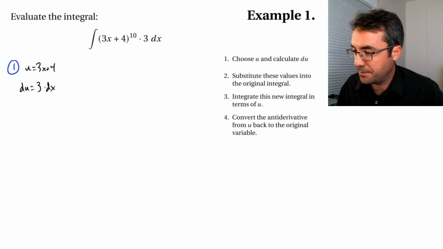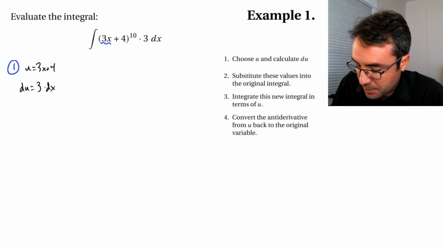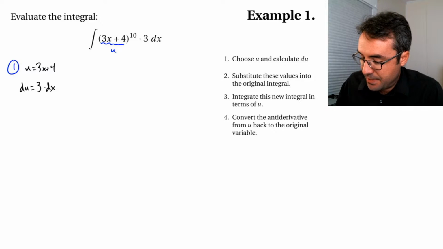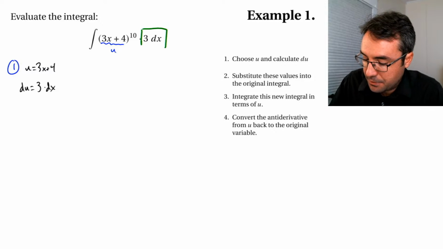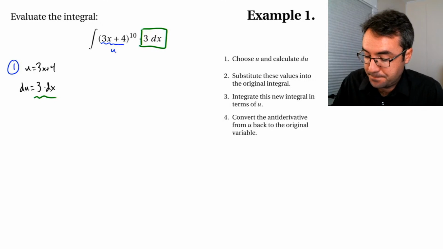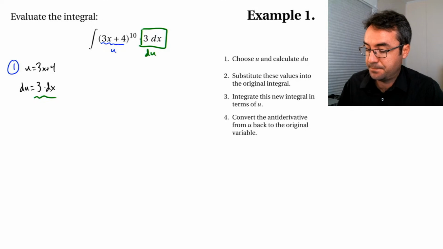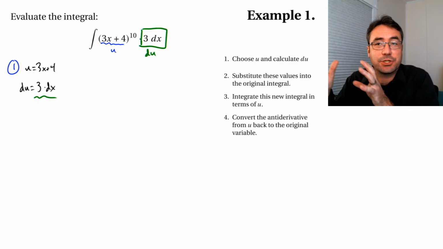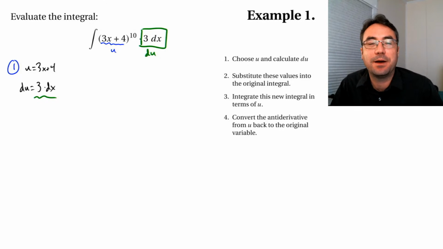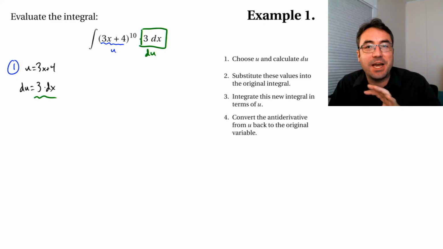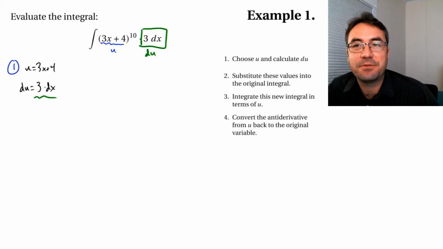In particular, the 3x + 4 that I see right in here becomes u, and the 3dx becomes du. This is a nice example, a perfect match. Normally we don't always get a perfect match like that, but in this first example everything fits perfectly.